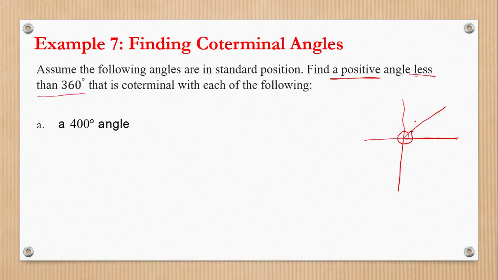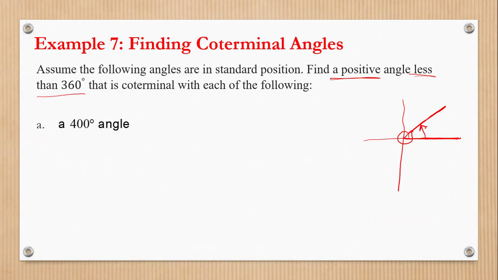That's the 400-degree angle. Now, if you want to find the coterminal angle, that means you want to find an angle which has the same initial and the same terminal side, but it should be positive and less than 360, which is this angle.